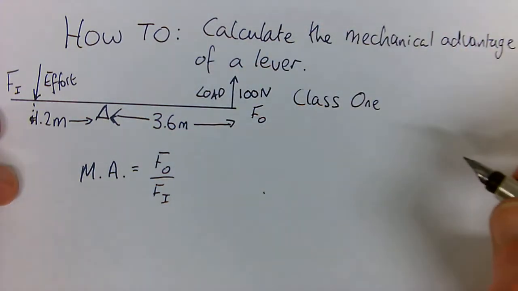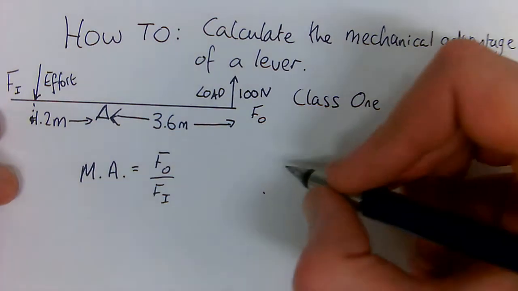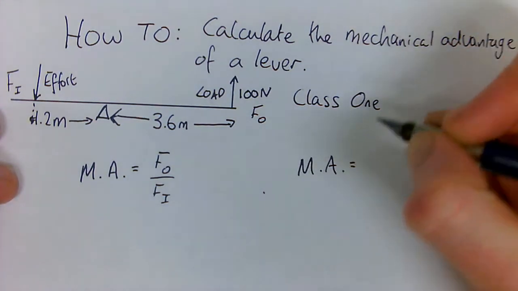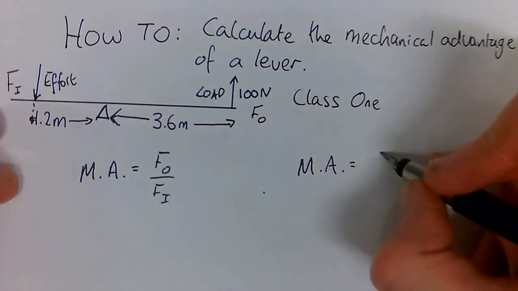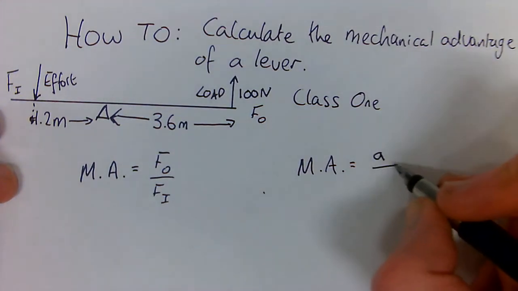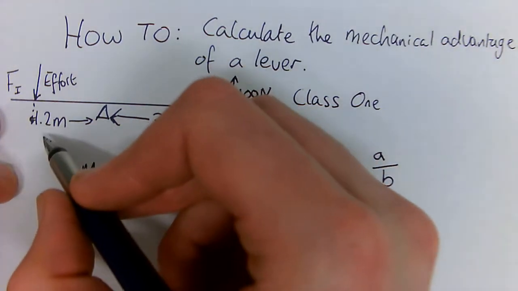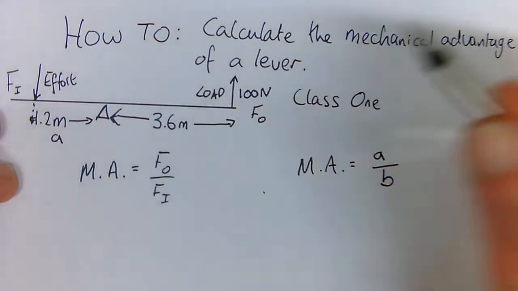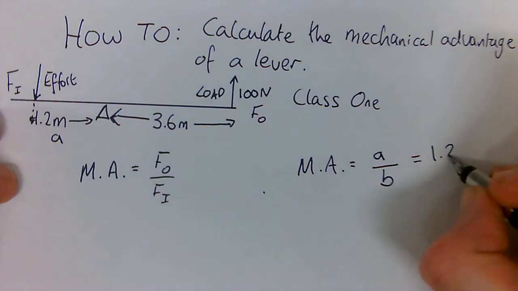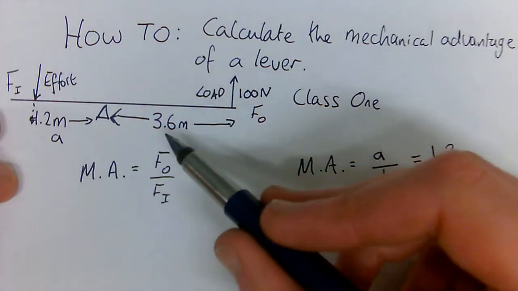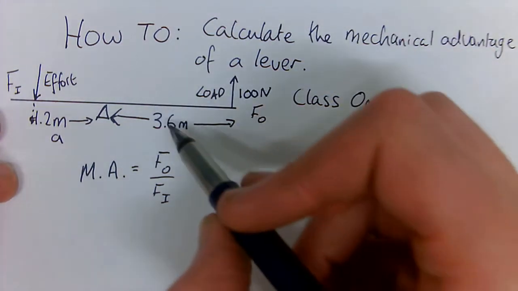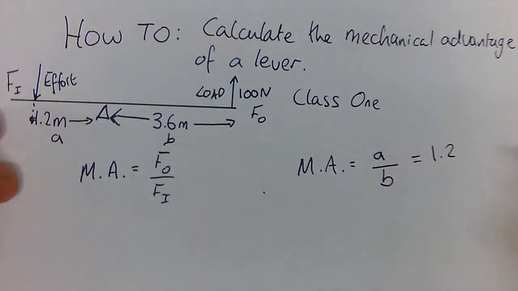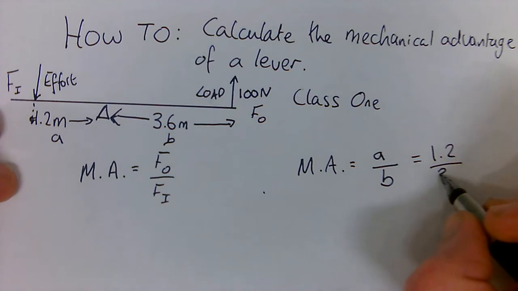For levers, we can also write our mechanical advantage is equal to this distance A over this distance B, where A is the distance between your force in and the pivot, so there that would be 1.2 meters, and B is this distance from your force out to the pivot, so that would be 3.6 meters.